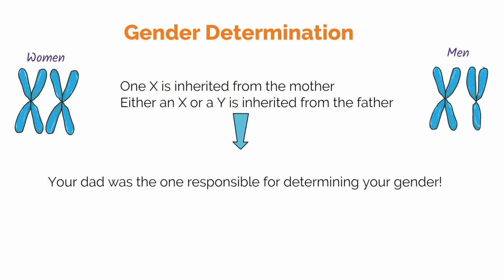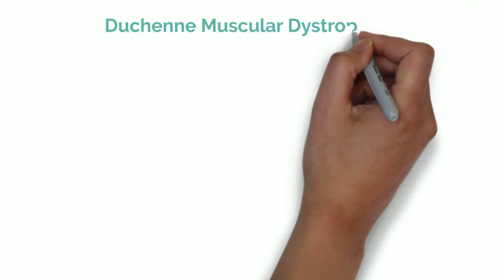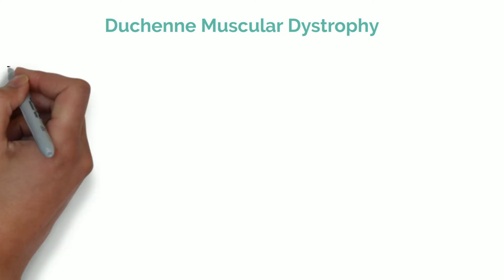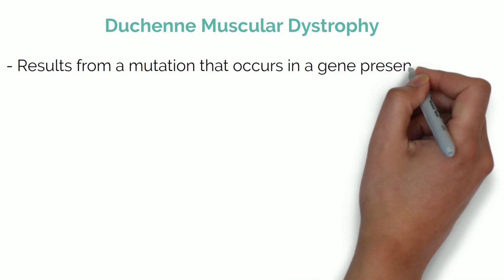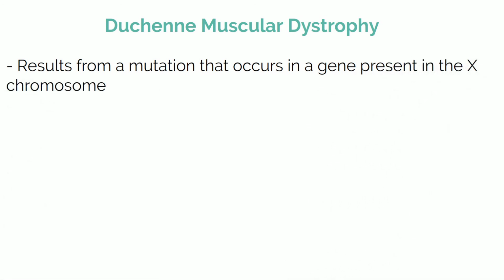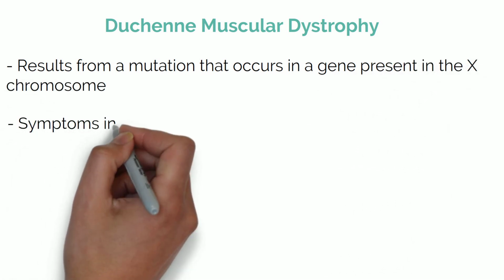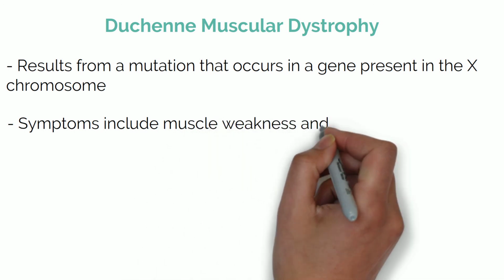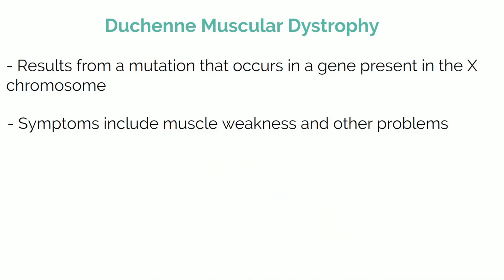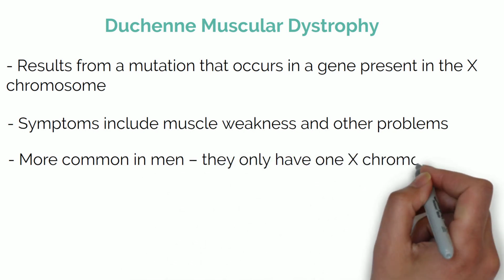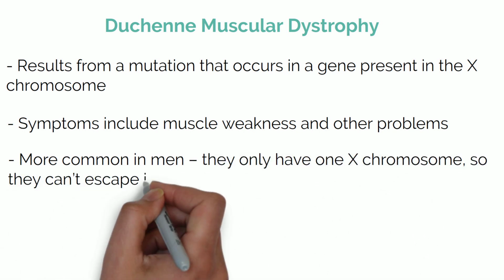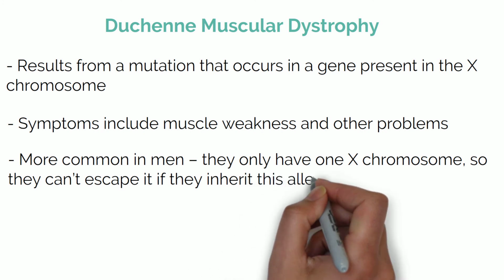However, there are several genetic conditions linked to our sex chromosomes. One of them is called Duchenne muscular dystrophy. This is a result of a mutation that occurs in a gene present in the X chromosome, which causes muscle weakness and other problems. Because it is only present in the X chromosome, it is more common in men, as they only have 1 X chromosome, so they can't escape it if they inherit this allele.